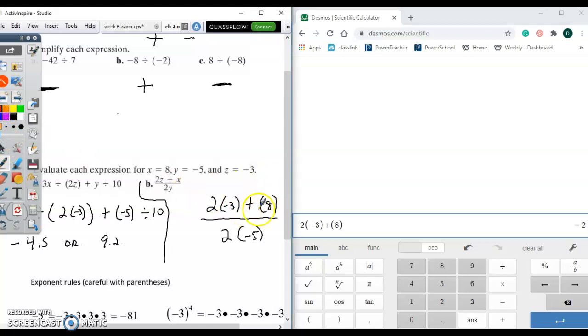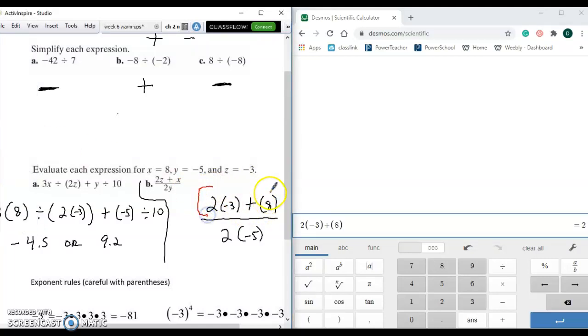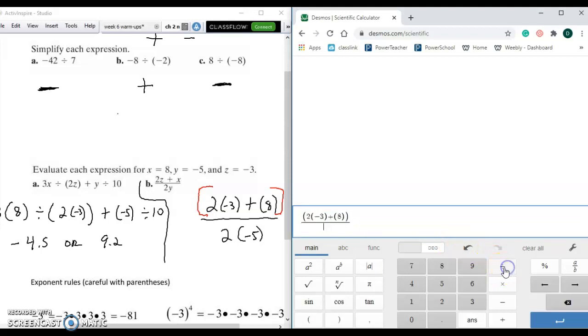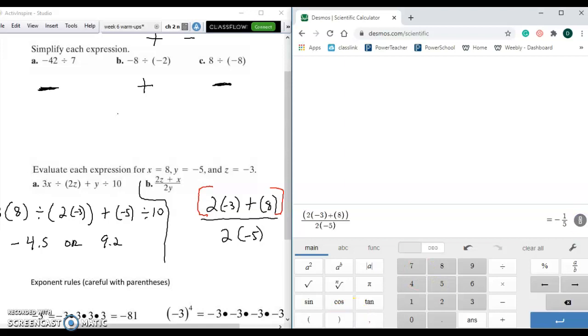But because this is all on the top, I need to group that on the top so that it stays together. So over here, I'm going to put a parenthesis around this and a parenthesis around that. Now, as I divide this, it's going to divide the whole thing because it's grouping it for us. So then I have 2 parentheses, negative 5. And my answer would be negative 0.2 or negative 1/5.